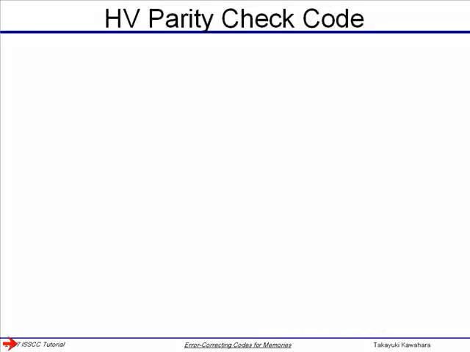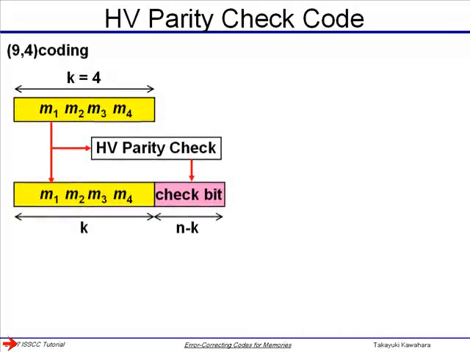What is an HV parity check code? Again, this time we assume that K equals 4. So then we add the check bits and create the code words. How to do it? First, we reassign the information bits in this style, M1, M2, and M3, M4.